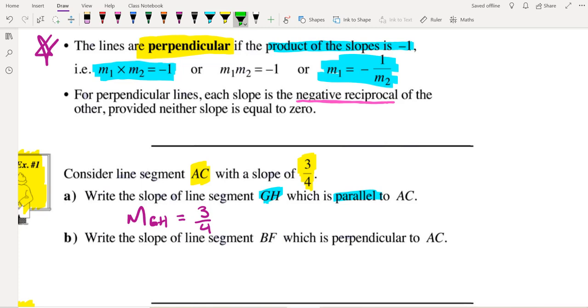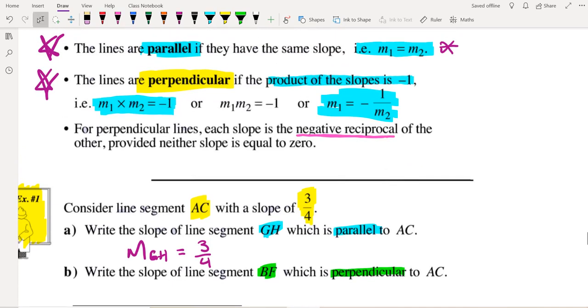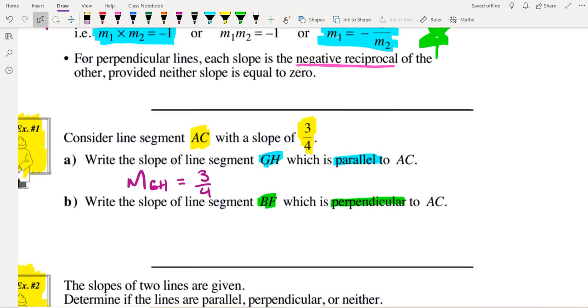Now, the next question is asking us to find the slope of the line BF, which is perpendicular to our line AC. If you're perpendicular, the two slopes have to multiply to be -1, or we use the negative reciprocal. I'll show you how the negative reciprocal works, because that comes in handy for situations where they give you one slope.